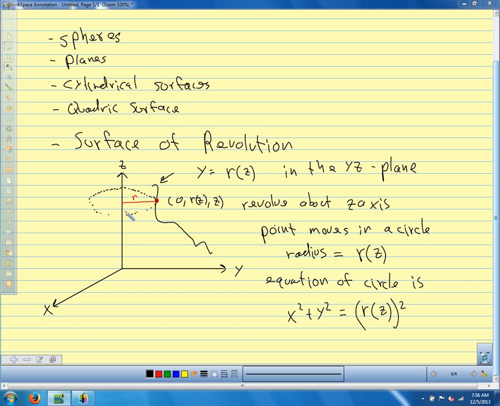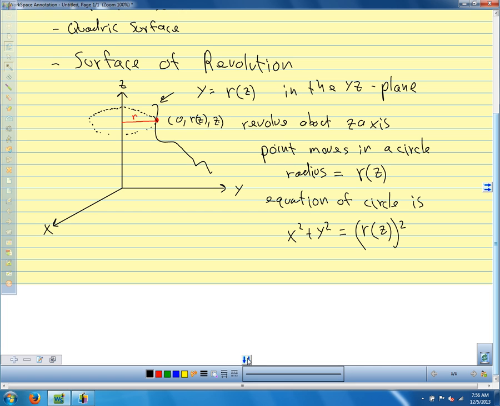The equation of the circle that point makes is going to be given by x squared plus y squared equals r of z squared. Well, this gives us our equation of our surface. So each point on the curve makes a circle about the z-axis, and the equation of the circle is given by this equation. Well, that's our equation for our surface.